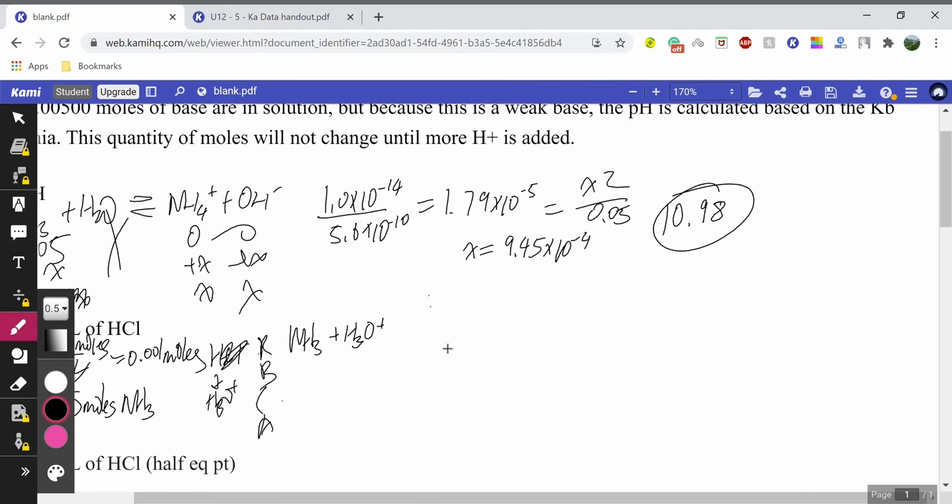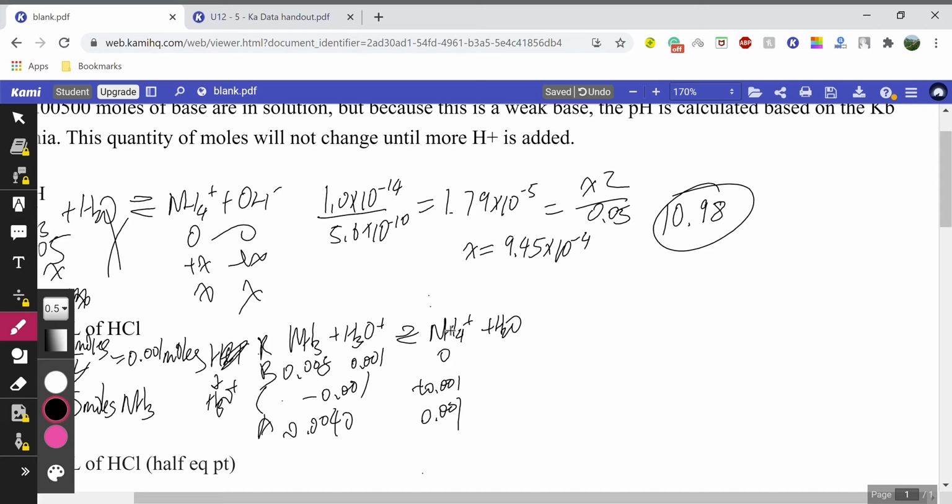Now this is going to form NH4 plus and H2O. So 0.005 and 0.001, minus 0.001, is going to give you 0.004 and 0. Now, 0 plus 0.001 is going to give 0.001 here.